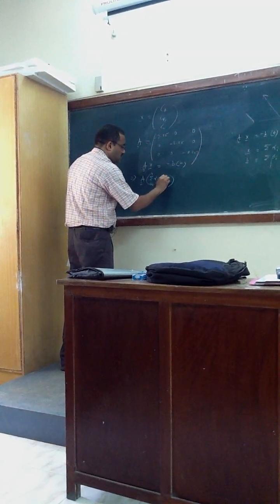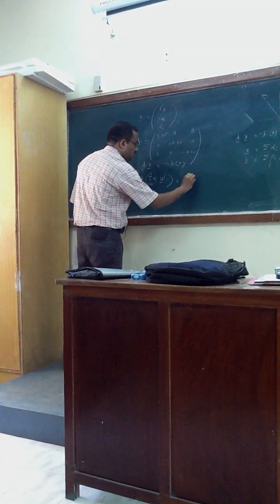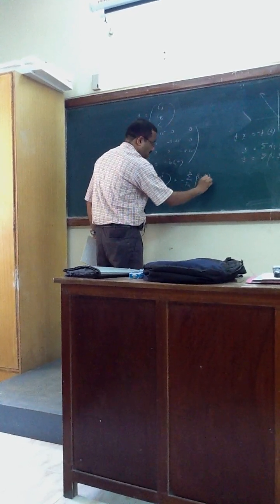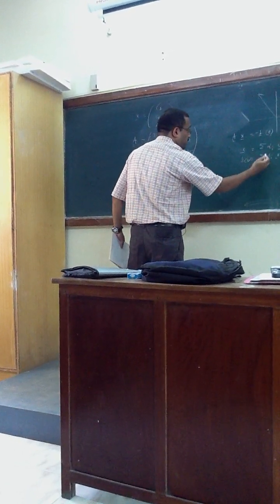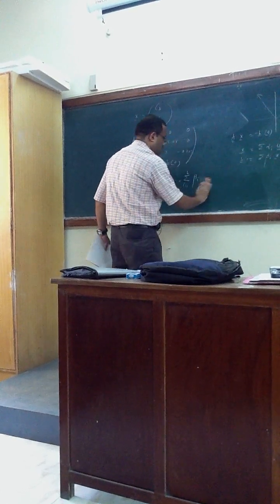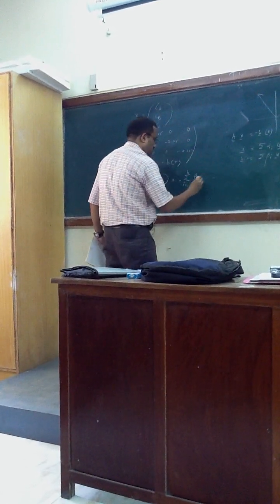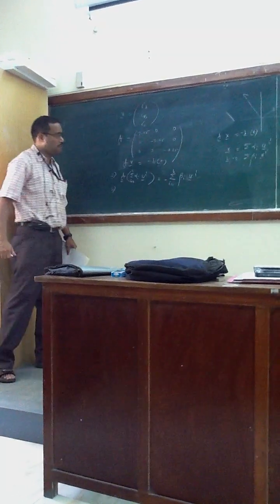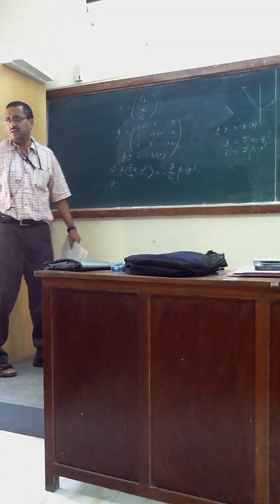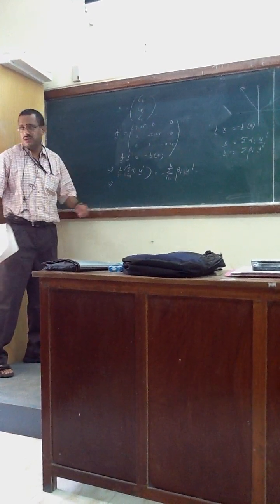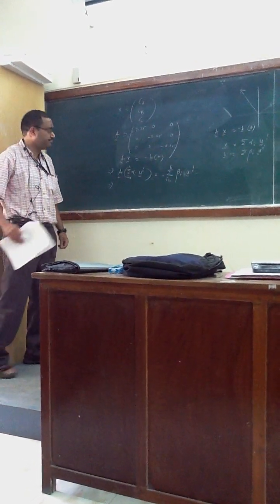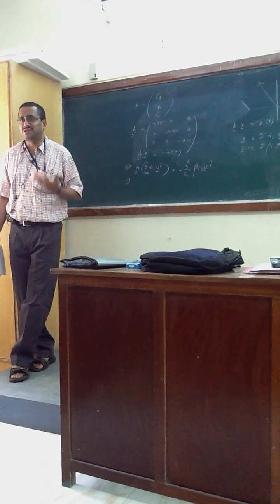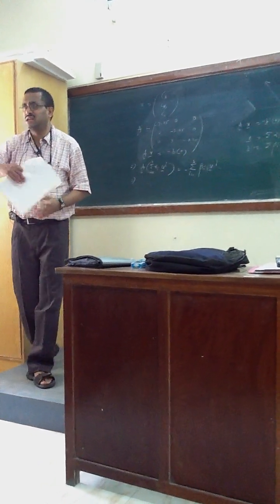Summation of alpha I u I bar equals minus summation I equals 1 to n of beta I t, which does not matter because we are talking about steady state, u I bar. So then the next step, because we have to find out alpha.